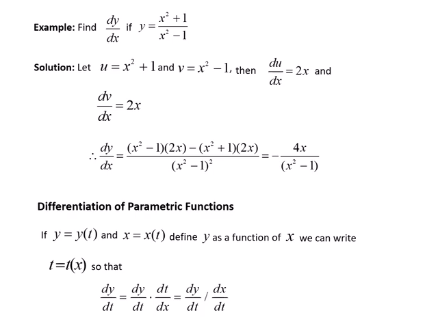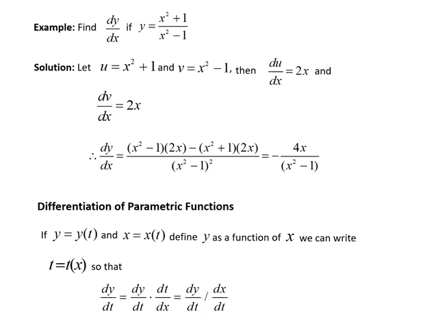What do we do? We represent the numerator as u and we represent the denominator as v. So look at the solution. Let u be equal to s squared plus 1 and v equal to s squared minus 1. Then du/ds is equal to 2s. We differentiate the numerator, s squared plus 1, and du/ds is equal to 2s.